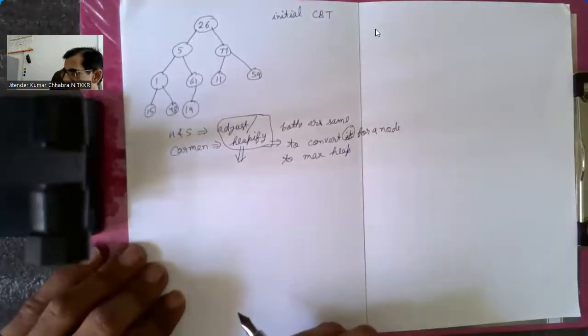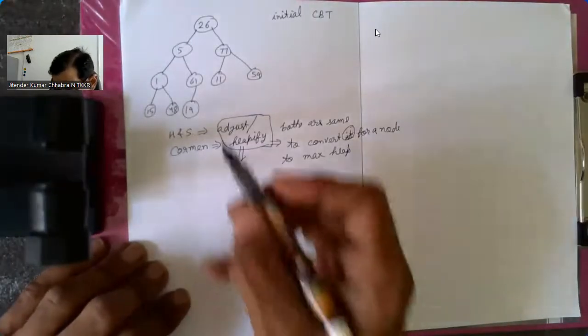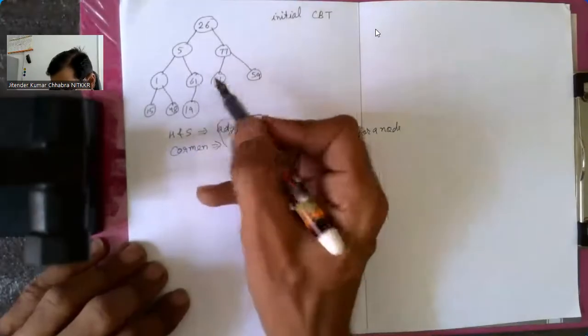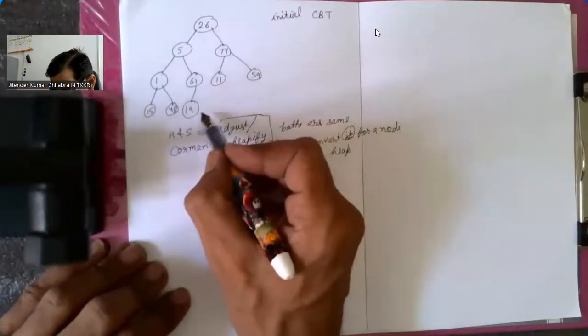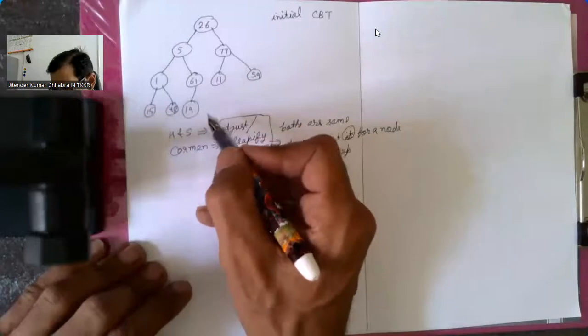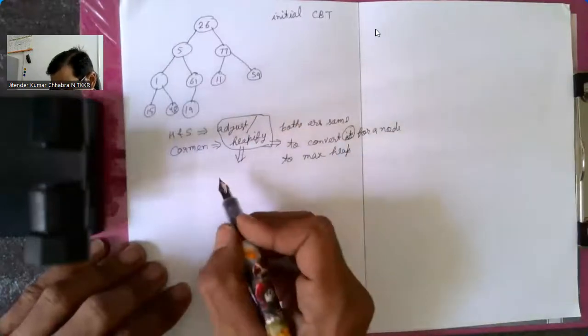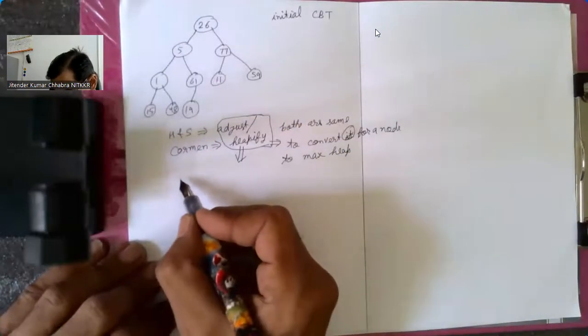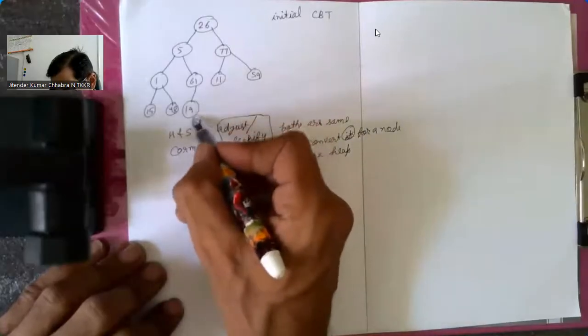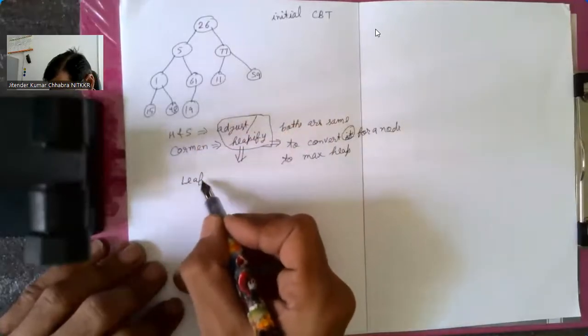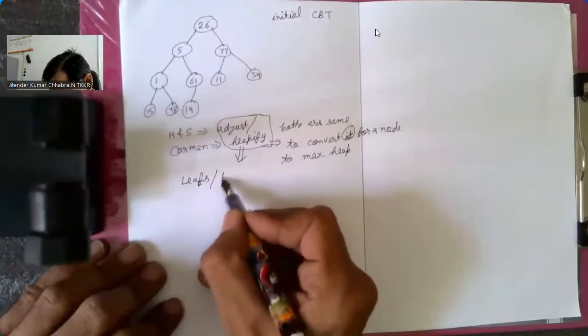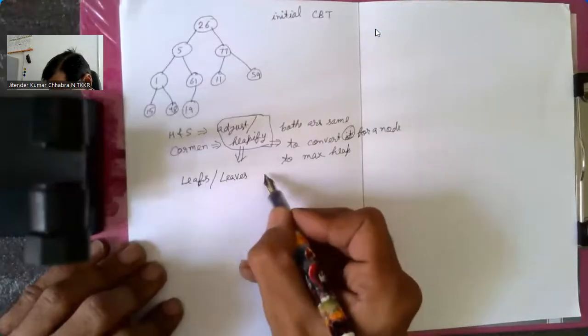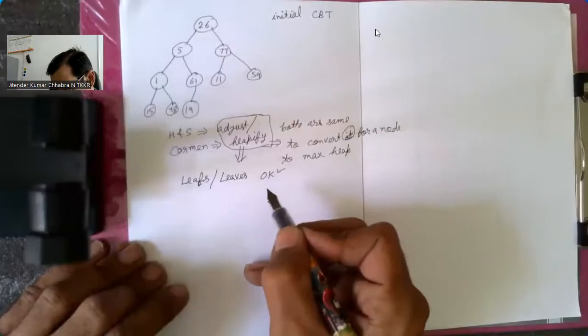So effectively, what I have to do is start with those nodes which might not be satisfying the max heap property. Which one is the first node? Leaves obviously satisfy; they are already heapified.